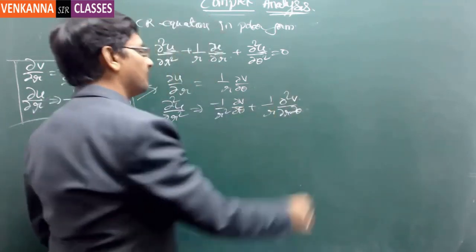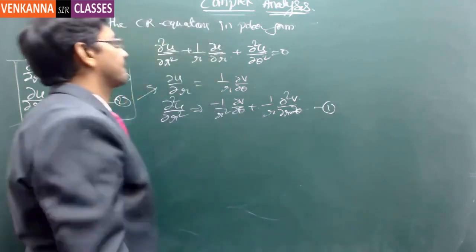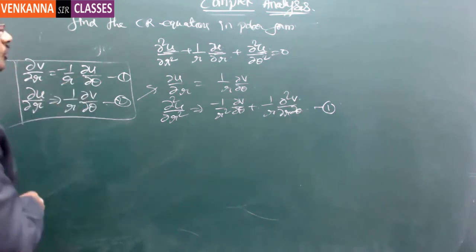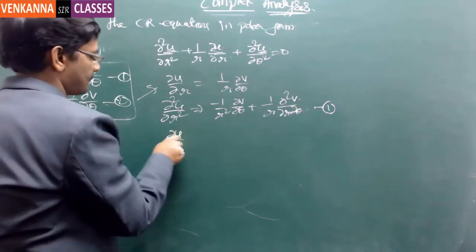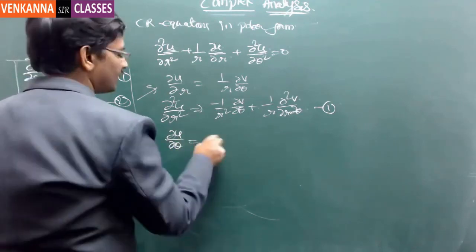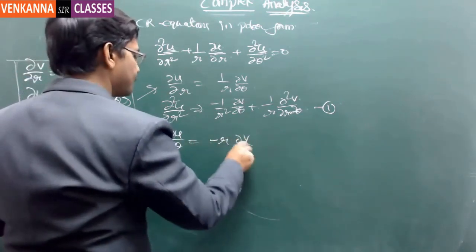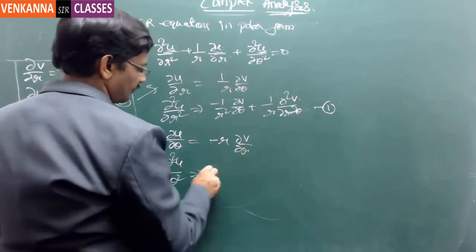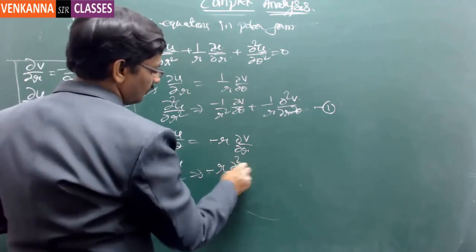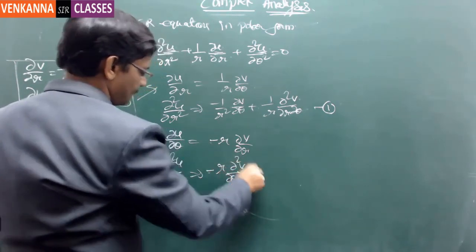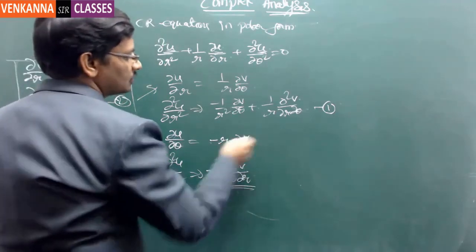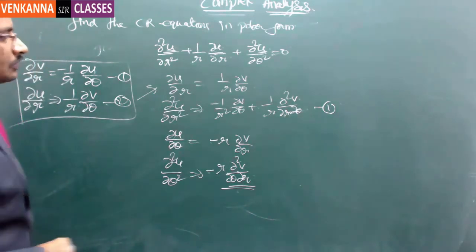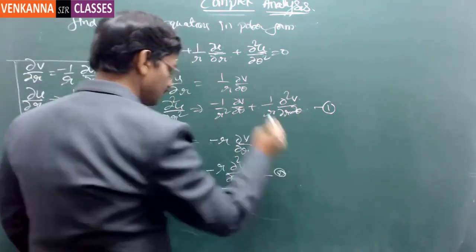So this is equation number 1. And then the second equation, this is dou u by dou theta is equal to minus r into dou v by dou r. Now dou square u by dou theta square is equal to minus r into dou square v by dou theta dou r. Now for all practical purpose, these two are one and the same. So this is equation number 1 and this is equation number 2.